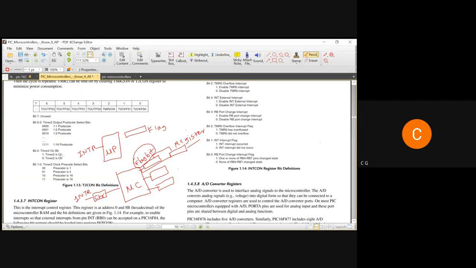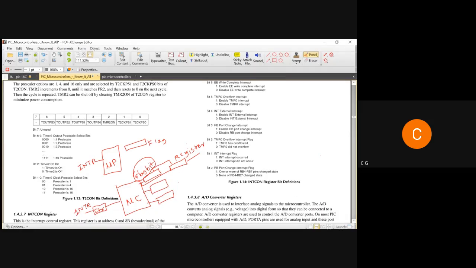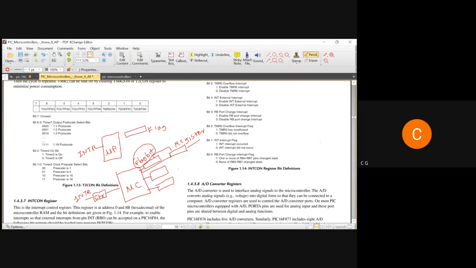Like this, in the case of timer 0, you have timer 2 output postscale bits. These are the select bits. If these bits are not properly assigned, the 0001 combination, what will happen? This device is not going to work, or it will work in a random order.